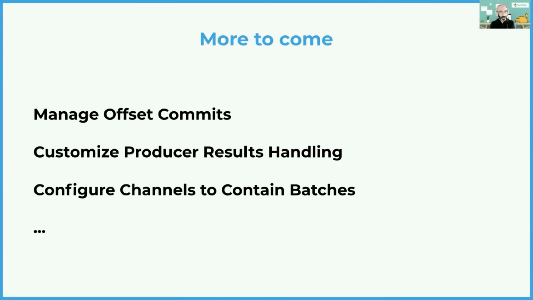We have more features in progress, like managing offsets and providing very detailed results handling. But as you'll see next, each feature creates a lot of questions and things to think about. So this will take time to implement.